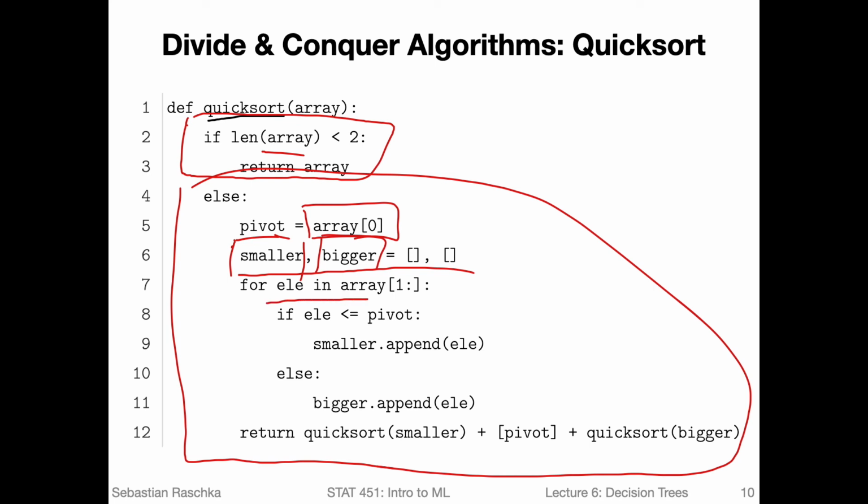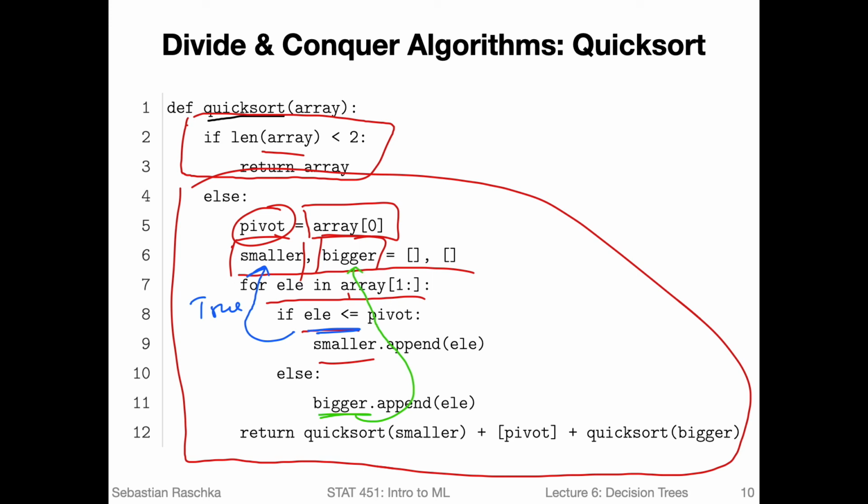And then we iterate through all the elements in the array that are not the pivot and check whether each is smaller than the pivot. If it's smaller than the pivot, we put it into the smaller array. So if this is true, then put the value here. And otherwise, if it's bigger, then put it into the bigger array.